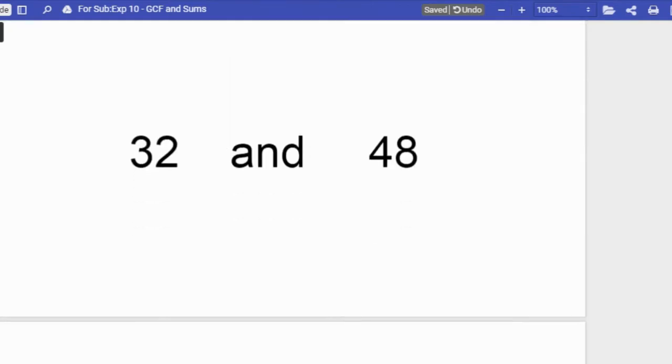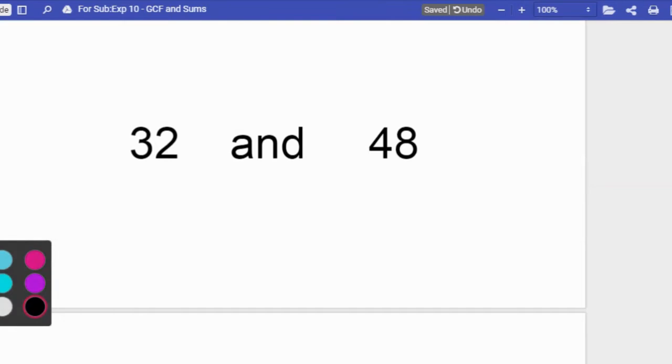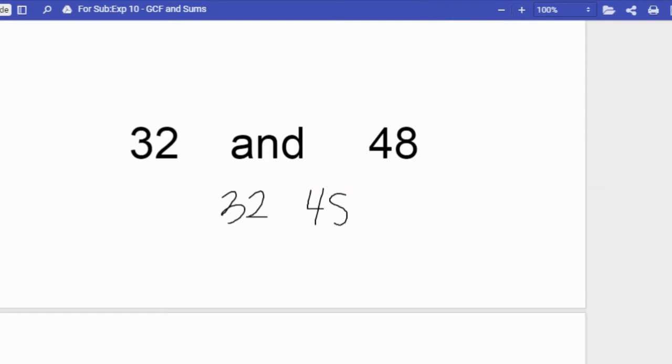Okay, let's try another one. 32 and 48. Go ahead and write this on your whiteboard. So you should have written 32 and 48.